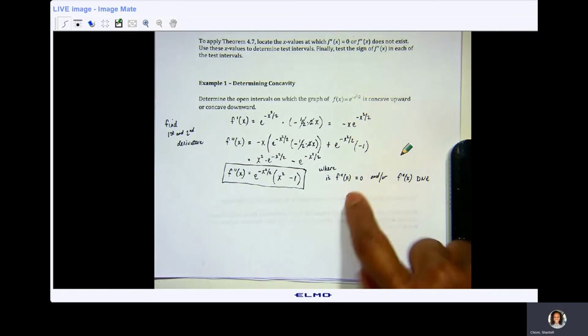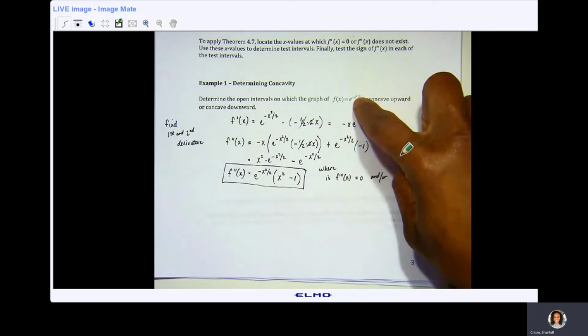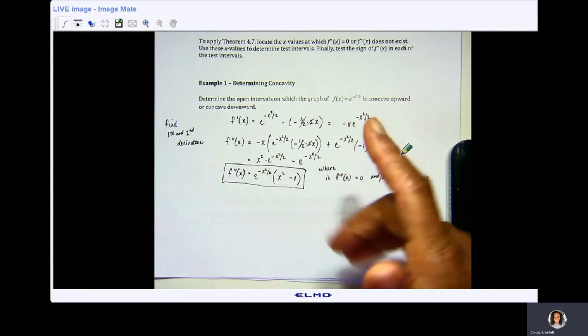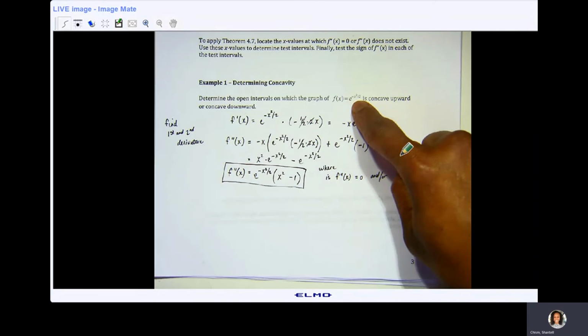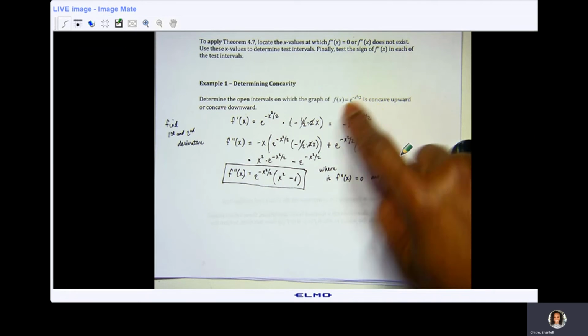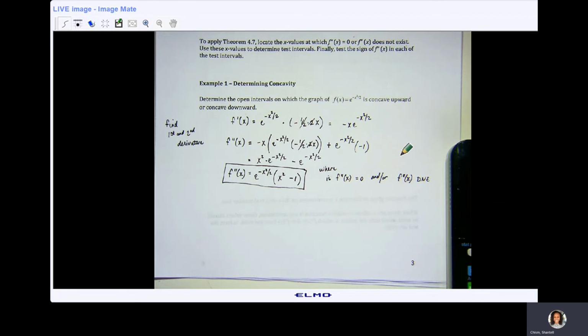Because you cannot say what the function is doing over an interval if it's not actually defined over that interval. But this one actually is continuous everywhere, so we don't have to worry about it. But what I'm getting at is, if ever there are x values at which your original function is not continuous, then those values should also be used along with these values to set up your test intervals. And I think I've got that at the bottom of my notes on the other page too.